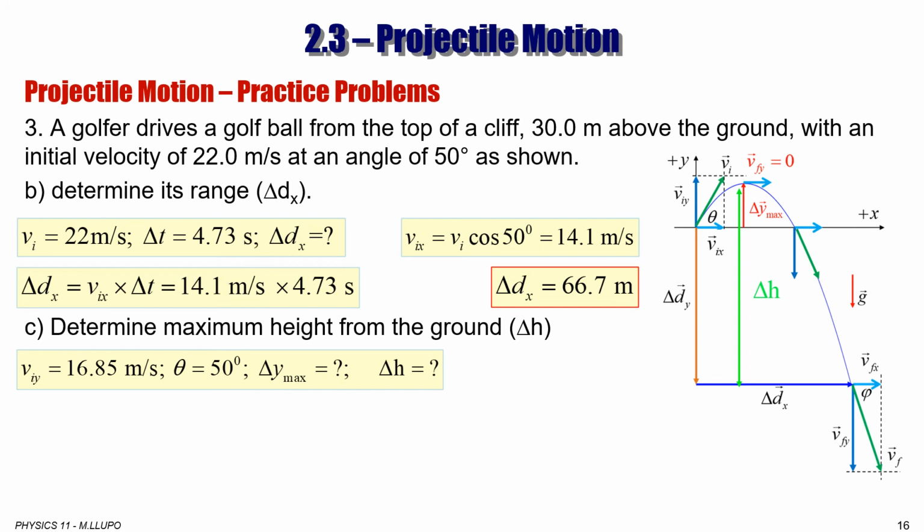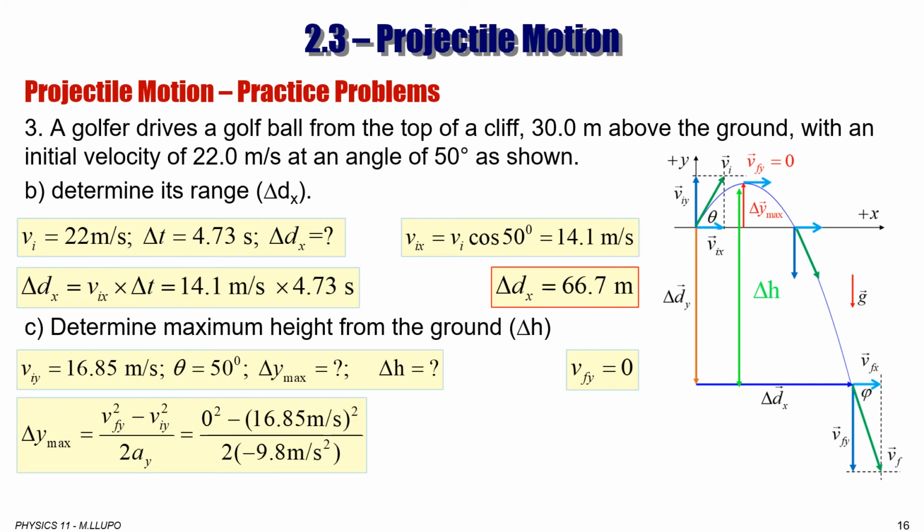Delta y max is what we need to calculate first, and delta h we calculate after, just by adding delta dy. So we know that at the maximum point, the maximum of delta y max, V final y is 0.